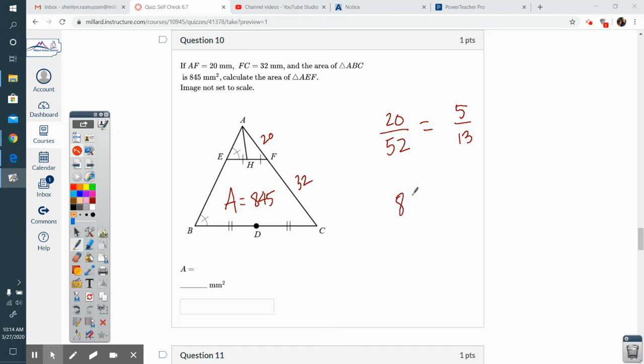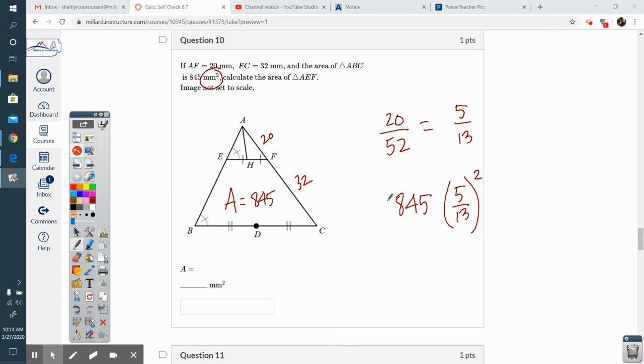So you take the area of the big triangle and multiply it by the proportion that you set up, the 5/13, and because it's area and it's square, that little 2 right here, you're going to square the proportion. The reason you do that is because it's a length times width thing, which the proportions would change from both length and width.